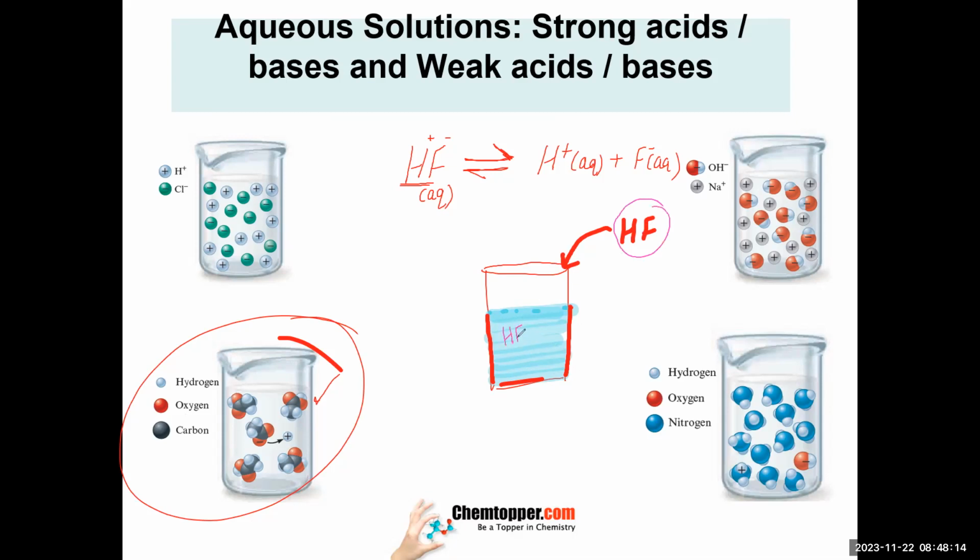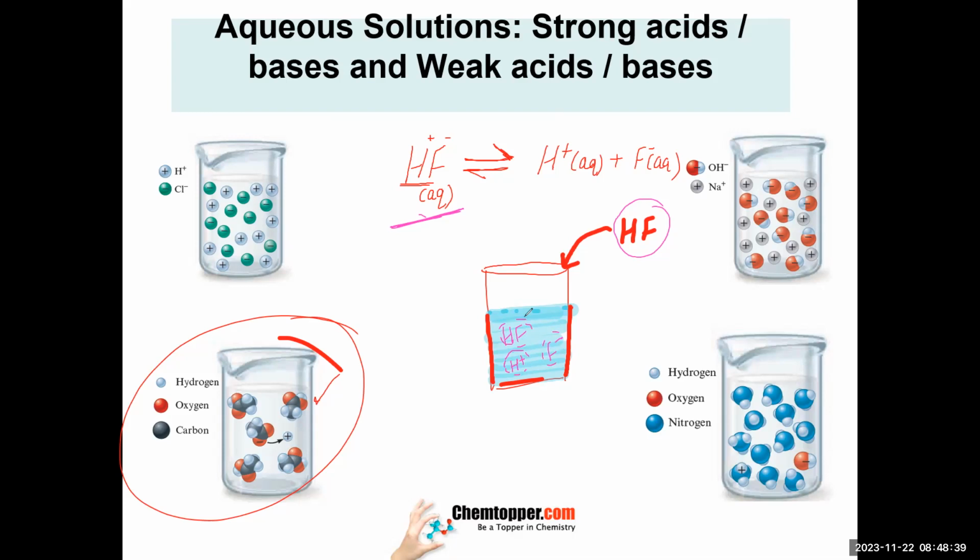Yes, because it's not dissociated completely, so HF is there. What else? H plus and F minus. When you are showing it in the water, there is no need of showing that aqueous, right? See, it's surrounded by water, surrounded by water, surrounded by water. In the picture, we don't write AQ. Is it okay? This pictorial representation.